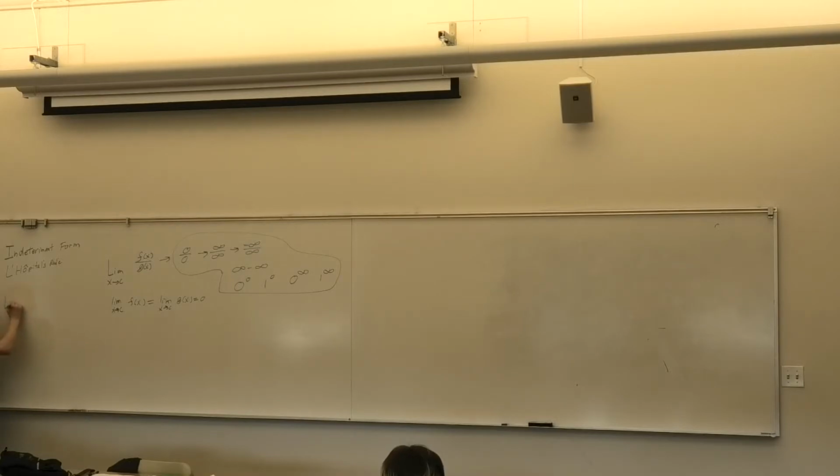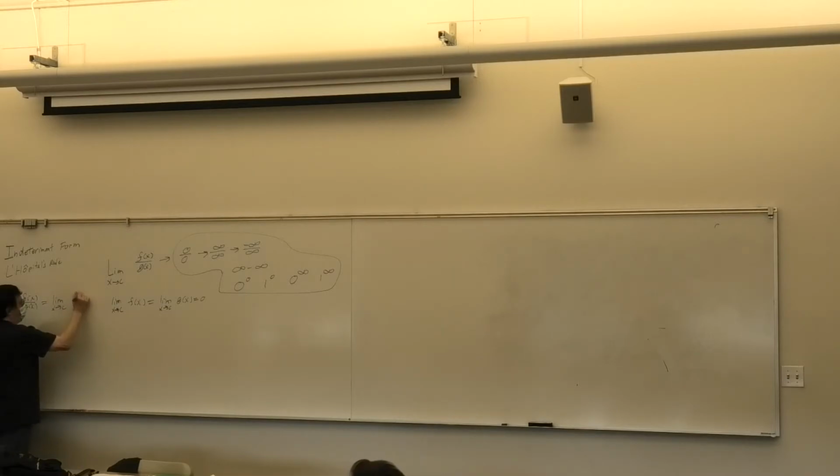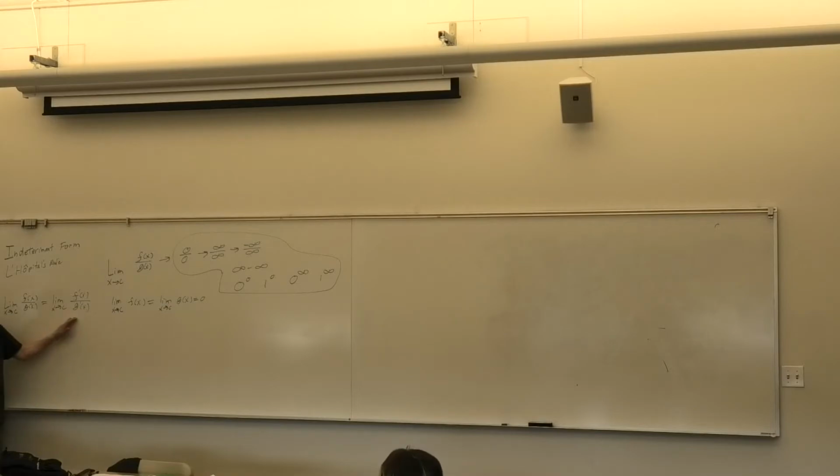So L'Hopital says if you have one of these forms, then this limit is equal to the limit where you find the derivatives of the two functions. Now, you know I'm repeating myself, but I want to make this clear. It's not the derivative of f of x over g of x, which would require the quotient rule. You just need to find the derivative of f of x and the derivative of g of x.